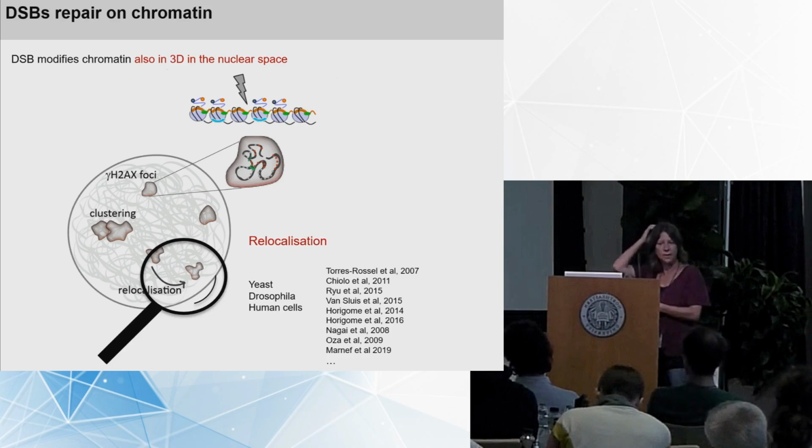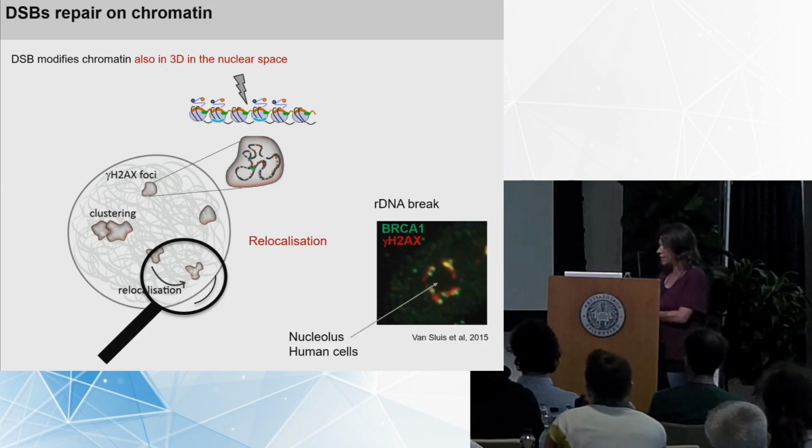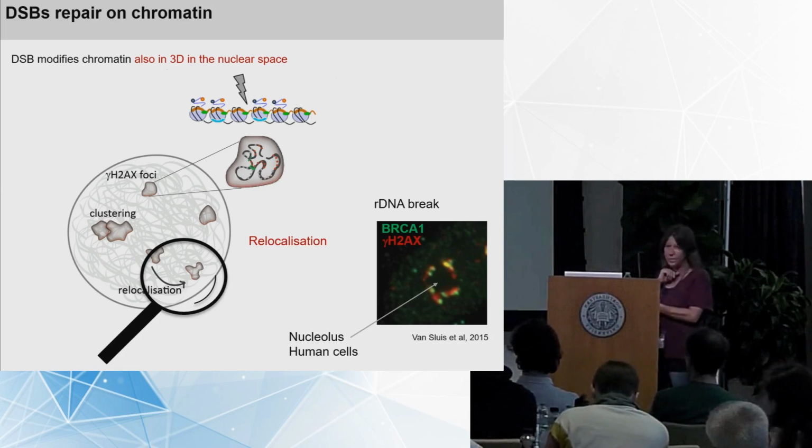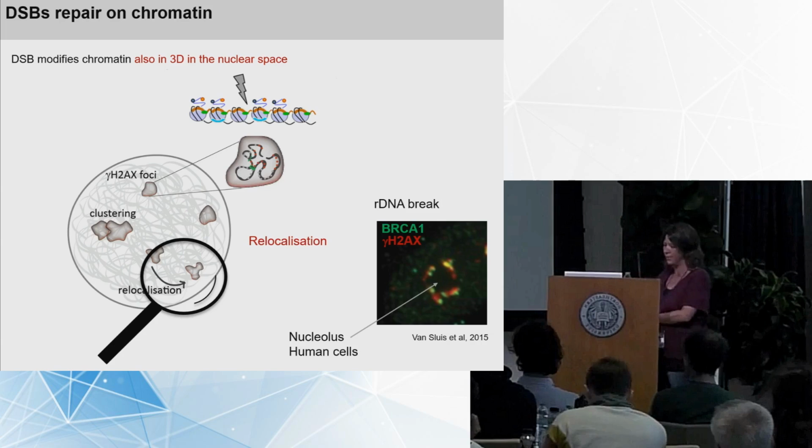Suzanne discussed a little bit about that in the context of persistent breaks in yeast. But that's also the case, for instance, for breaks that are induced in the ribosomal DNA. That was in human cells. When you induce a break in the ribosomal DNA, it will actually be excluded from the nucleolus in order to be repaired at the nucleolar periphery.